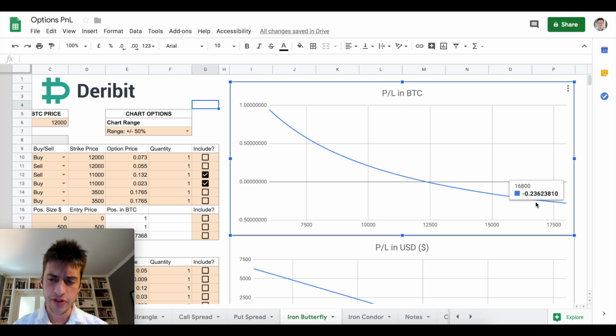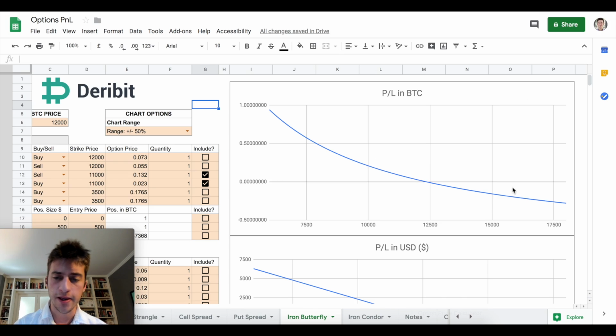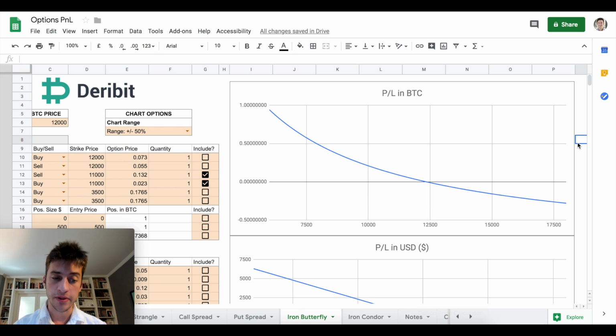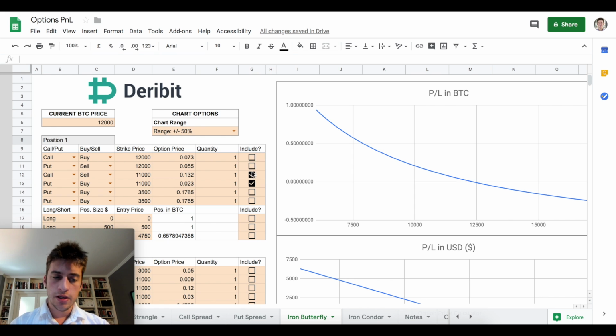And you're saving yourself so much wiggle room, because instead of being liquidated at 15.3K, you will be liquidated at 15,920. So you're saving yourself, what is it, like $600, $700 in a potential liquidation. So a lot of wiggle room there.